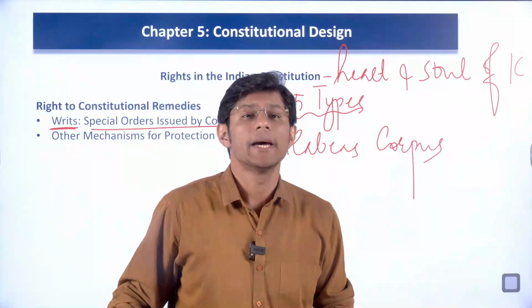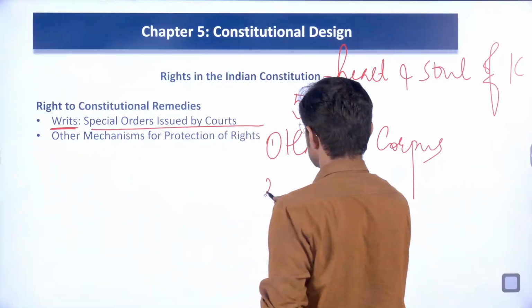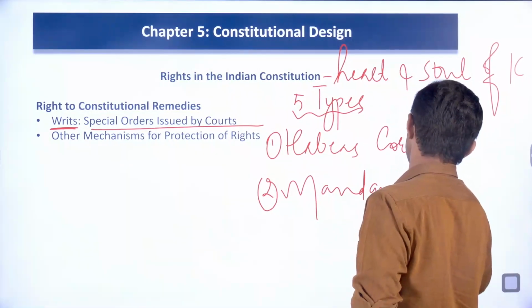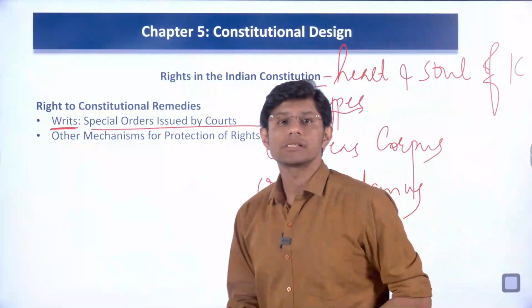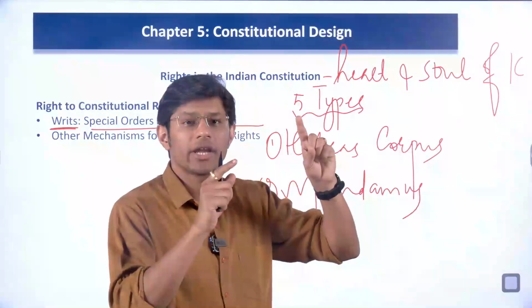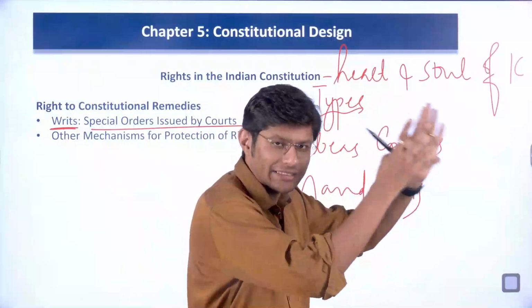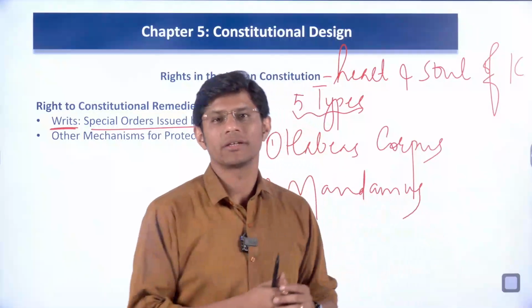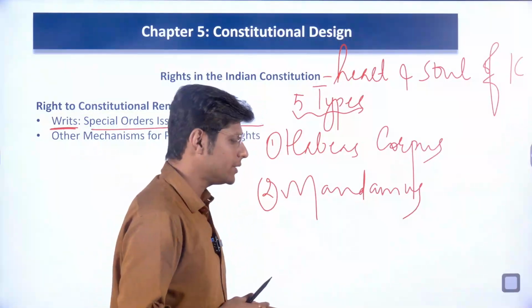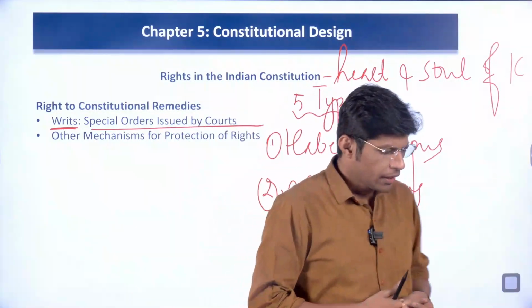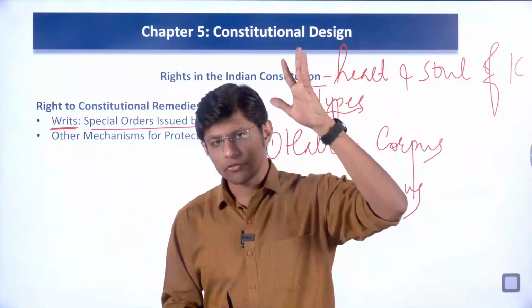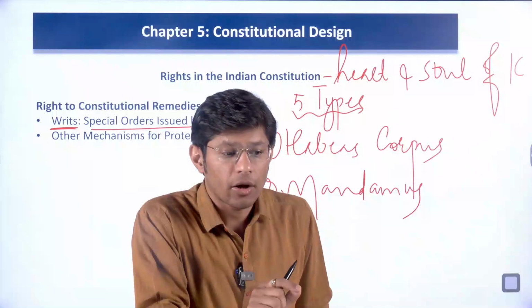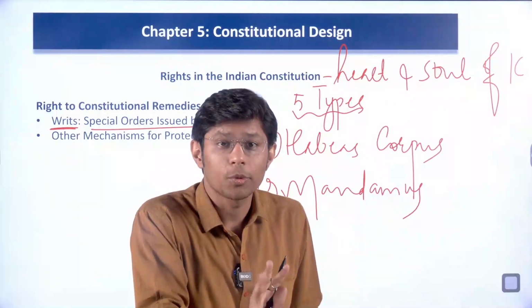The second is mandamus. What is mandamus? It is issued when a government official, an IAS officer or IPS officer, is failing to perform his duty. Let's say, for example, you go to a government official to report a crime. Now the police officer says that I'll not report your crime.